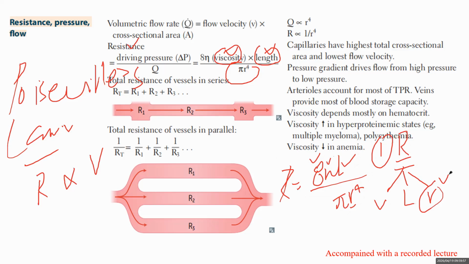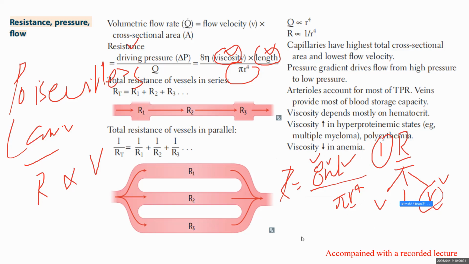Why is that? Because even a small decrease in the radius causes a very large increase in resistance, and a small increase in the radius causes a very large decrease in resistance. So the most important practical point is that the radius is the major determinant of the resistance.